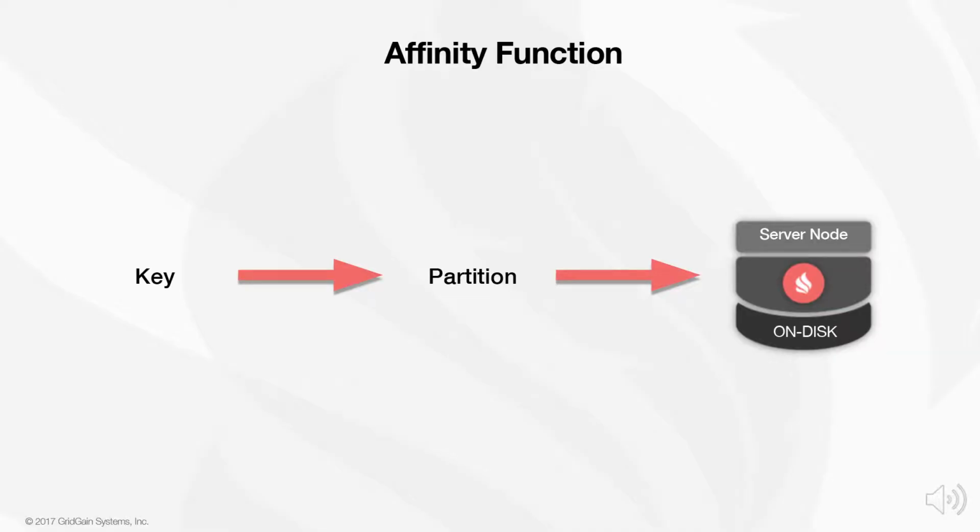This brings us to a 2-step process of mapping between the key and the node. Whenever we do any cache operation, we first have to map the key we are using for this operation to the node where this key is stored. The first step is to map the key to the partition.